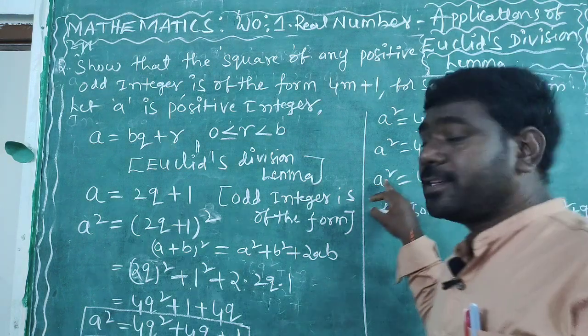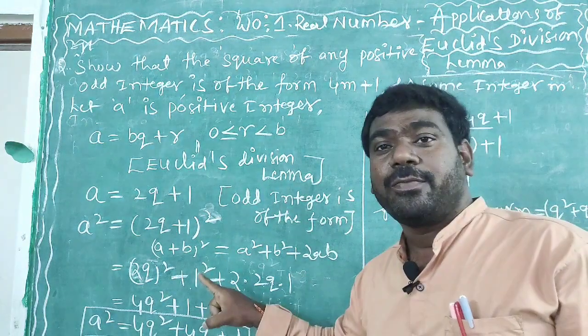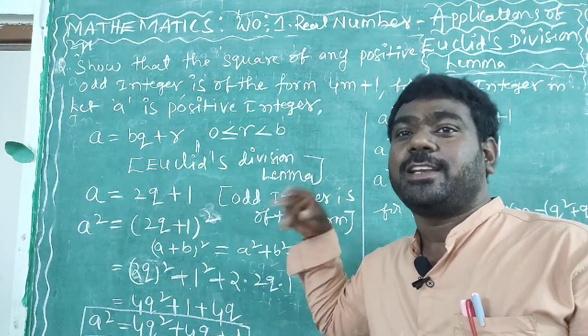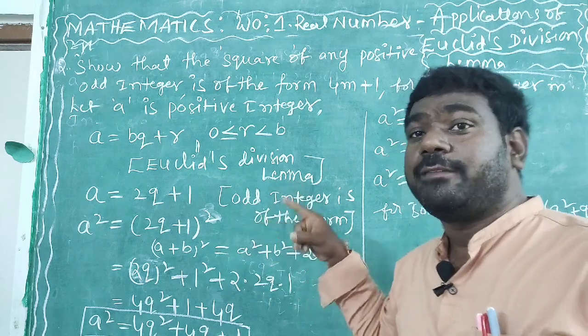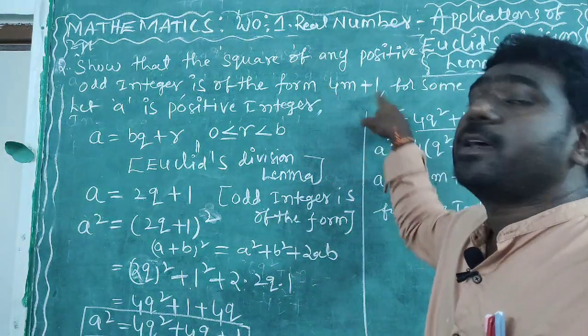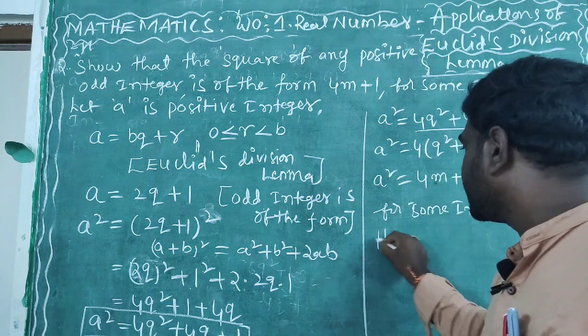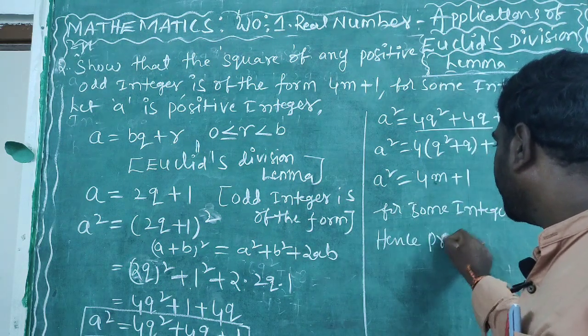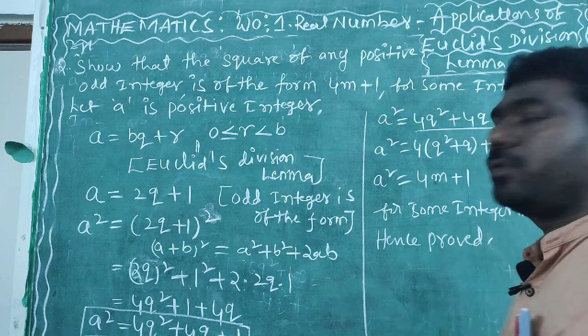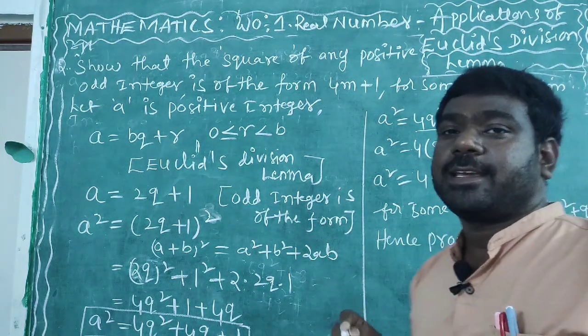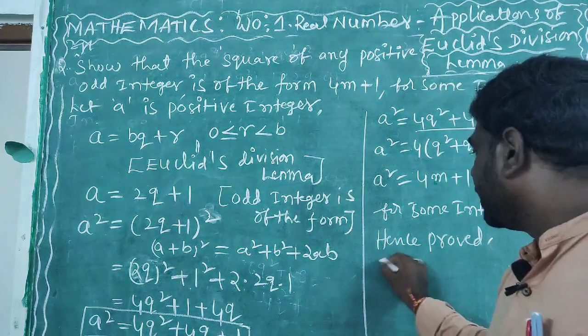So how is it written, children, see here? The square of an odd positive integer should be of the form 4m plus 1. Yes, we proved here 4m plus 1. Hence it is proved. Therefore, what can we write here?